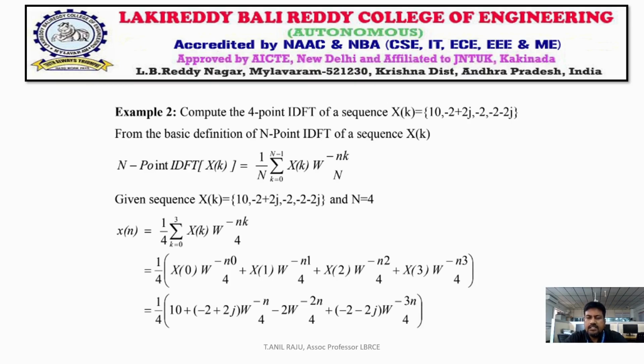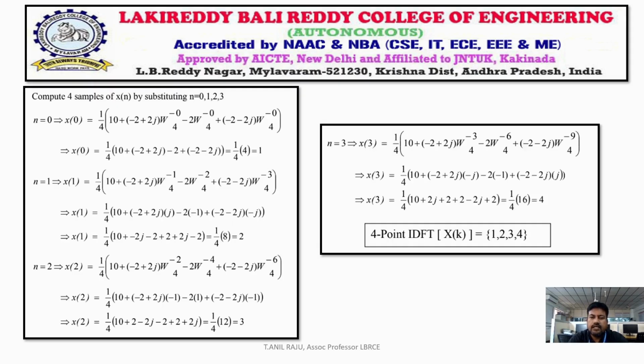The answer we got is x of n equal to 1, 2, 3, 4. That means, if you take a time signal, convert to Fourier coefficients, and then find the inverse for that, we will get the same time domain signal. So, this is what is about DFT and IDFT.